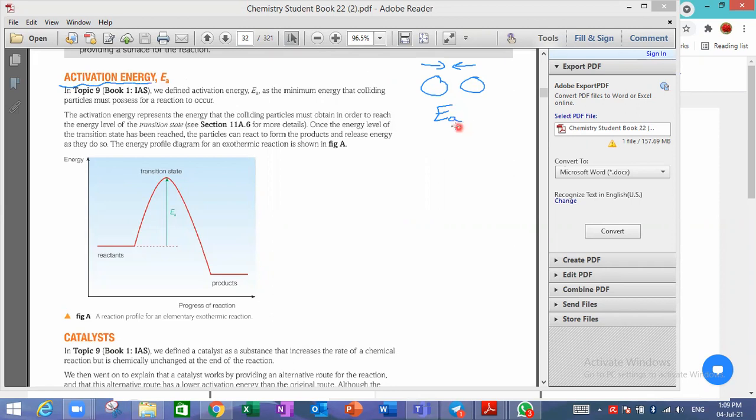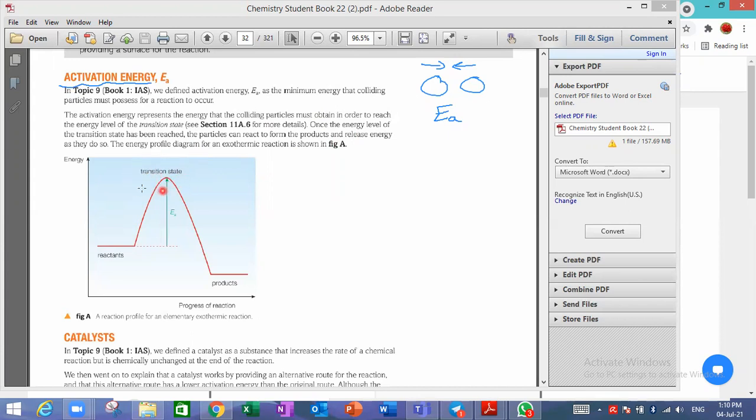The activation energy is the minimum energy by which two particles collide together in order to be able to form a product. Now, when these two particles gain this kinetic energy, if these are the two particles acting here as the reactants, when they gain this enough energy, which we call the activation energy, they form what we call the transition state.